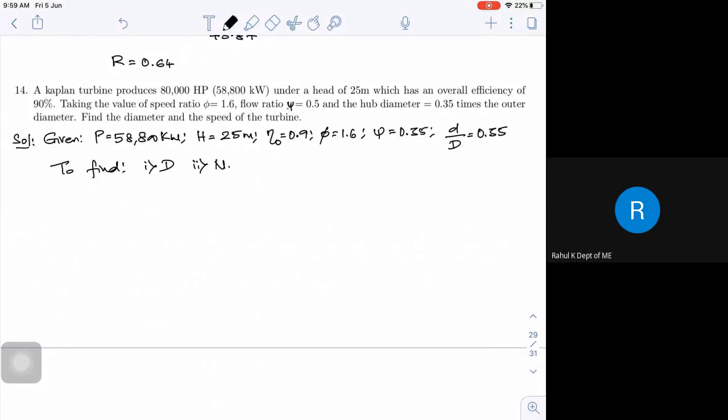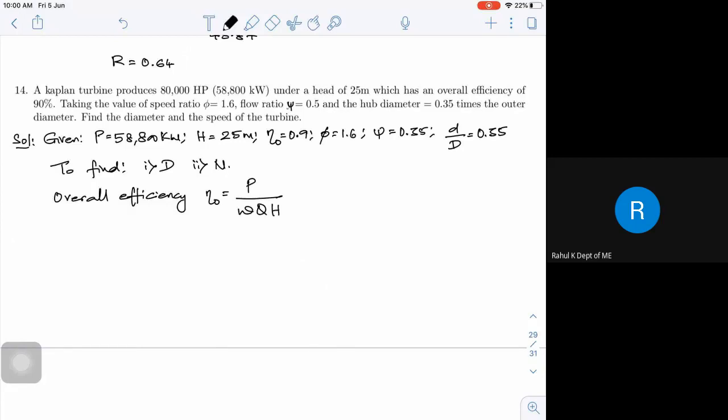Now we know the overall efficiency is given by the power developed divided by your Euler head, the head that is available.